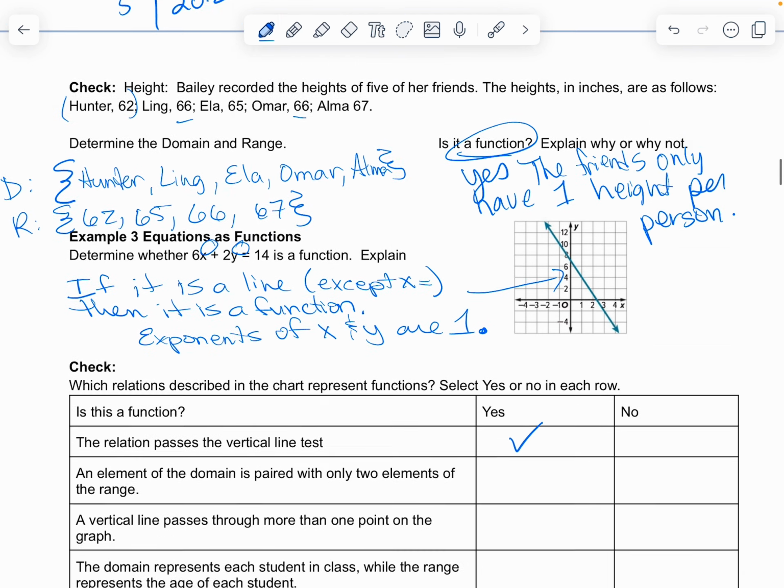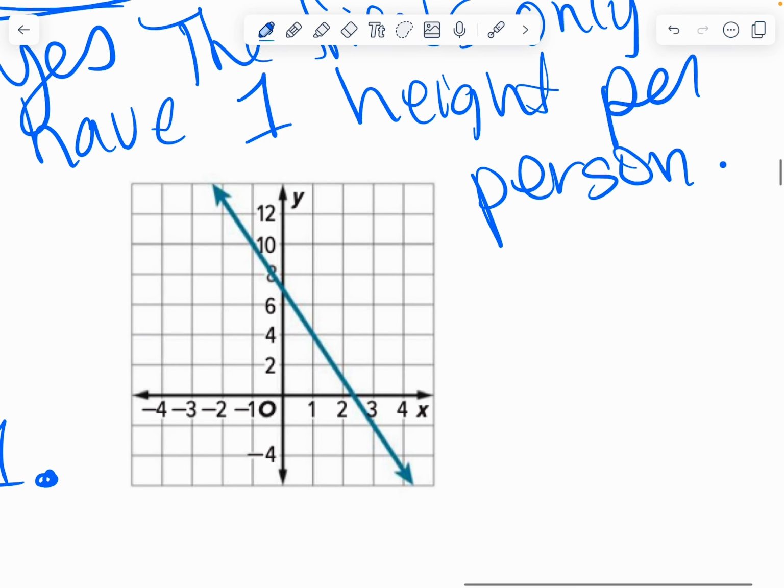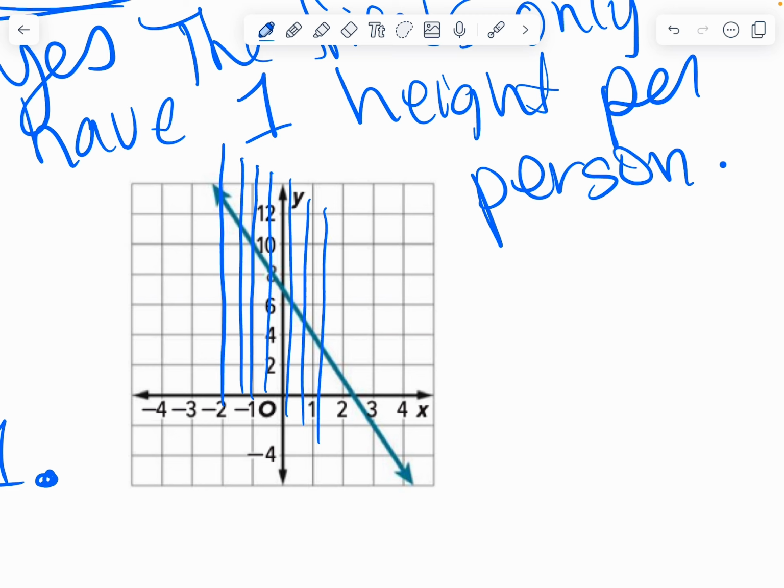Oh, I never talked about the vertical line test. Okay. So before I do that, there's this thing called the vertical line test. Vertical line test means that no matter where I draw a vertical line in this right here, no matter where I draw this vertical line, and those are horrible lines, if every time I draw a vertical line, it only hits it one time, then it is a function.